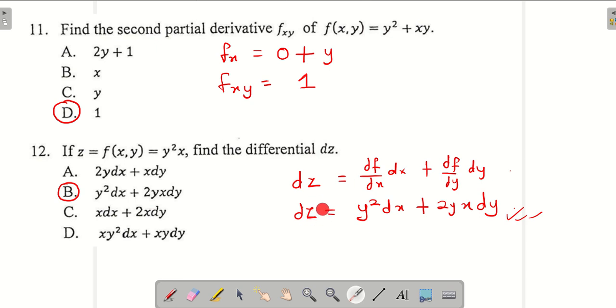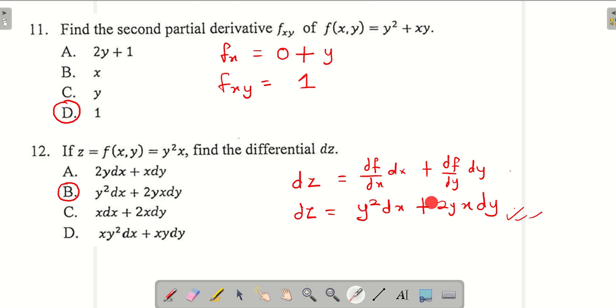Now we need to find the partial derivative of f with respect to x. With respect to x, y squared is taken as a constant. When you differentiate the x, you get 1. 1 times the y squared is y squared. Then it will multiply the dx.